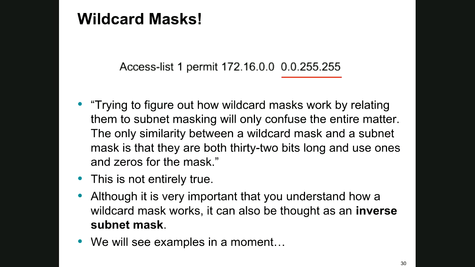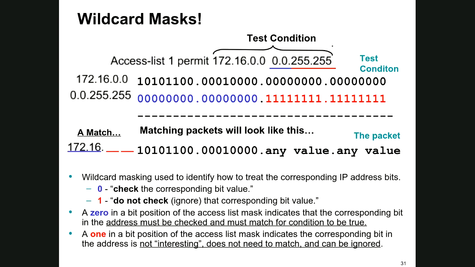So think of it like an inverse subnet mask. Let's look at it in binary. The 172.16 is written out in binary, and the 0.0.255.255 is written out in binary. We have 16 blue zeros and 16 red ones. The blue zeros must match exactly. The binary 172.16 must match exactly to match this statement.